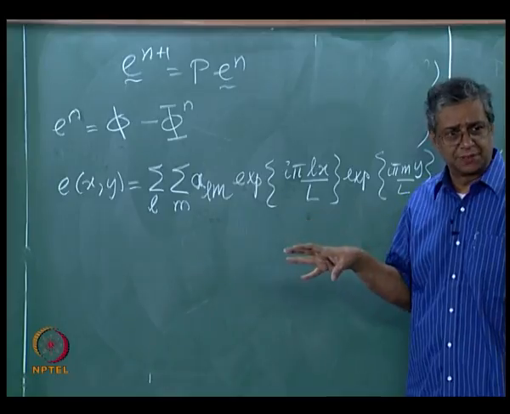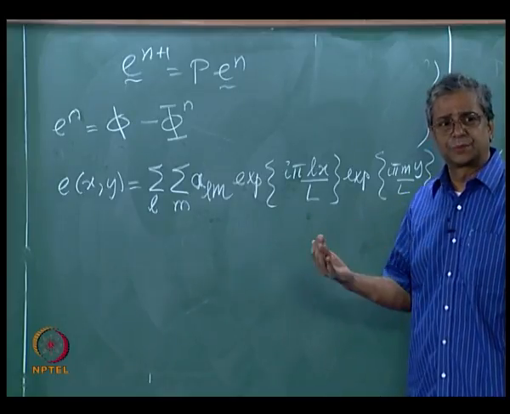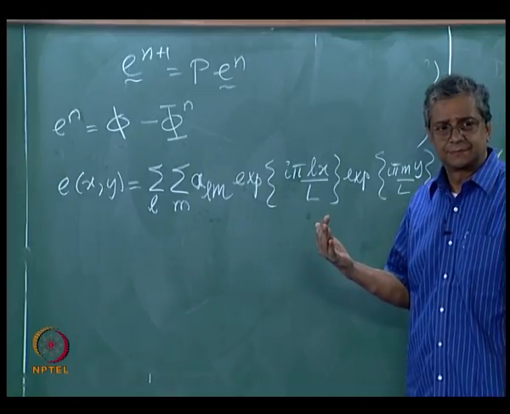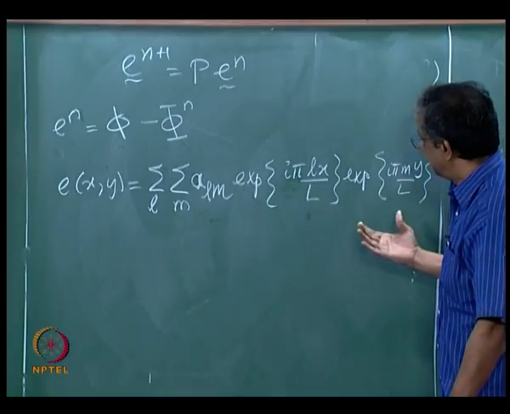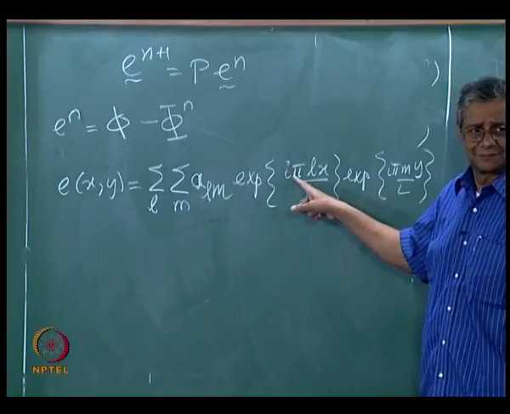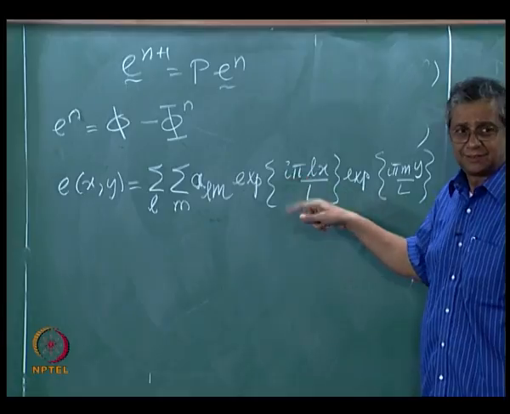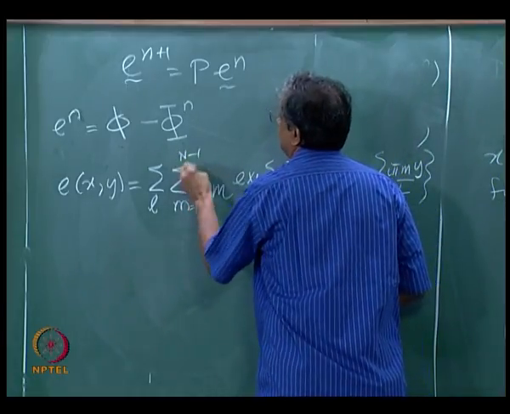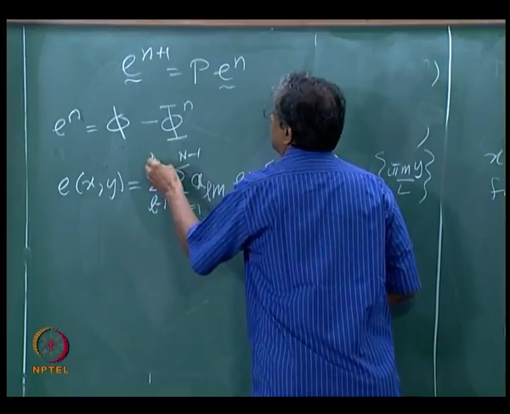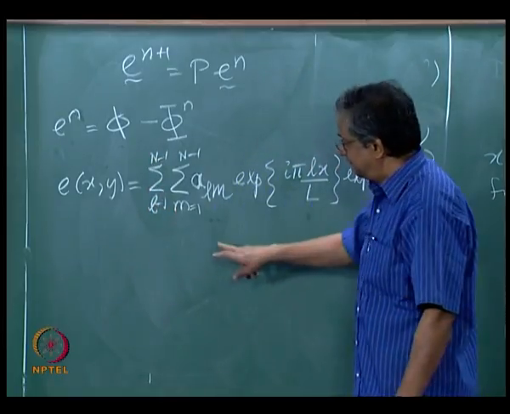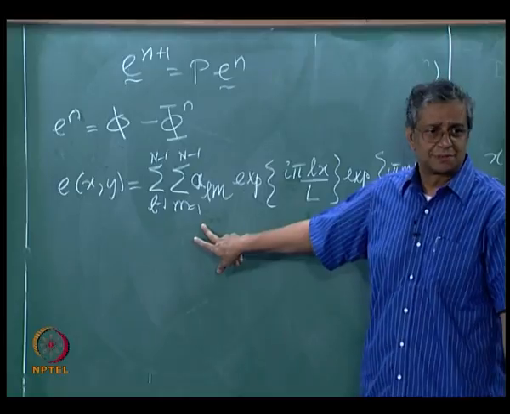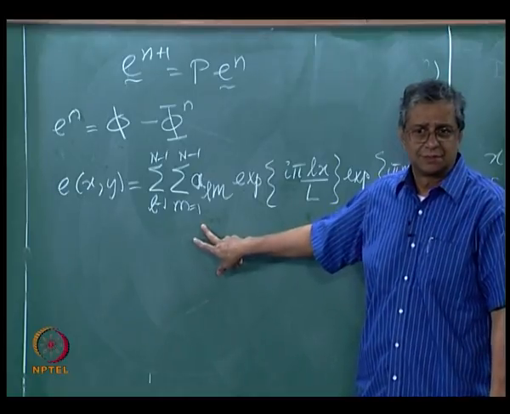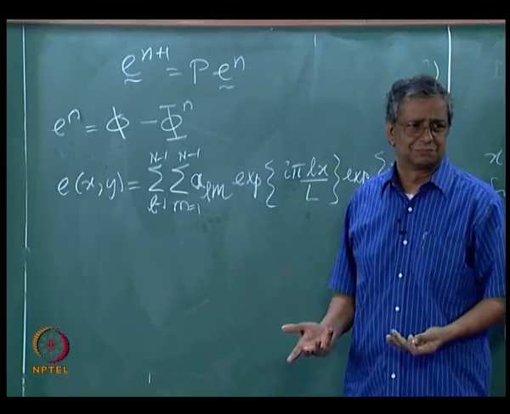If I have n intervals, then what is the highest frequency that I can represent? Here I do not have a 2 pi, it is only pi. So this goes from m equals 1 through n minus 1, l equals 1 through n minus 1. I have dropped the m equals 0 and l equals 0 because my boundary conditions are 0, right.